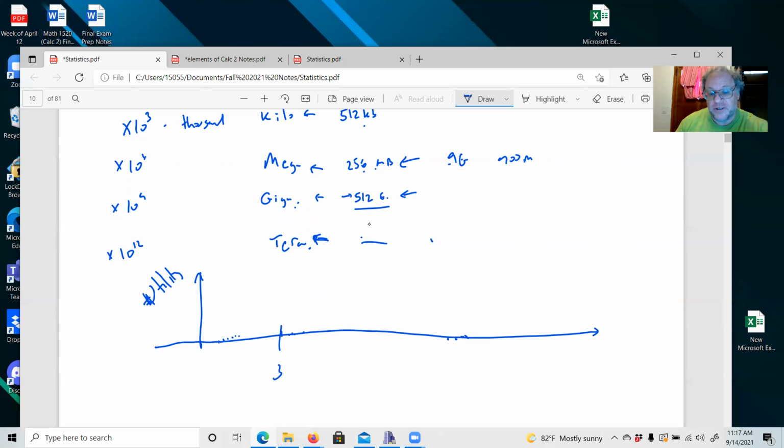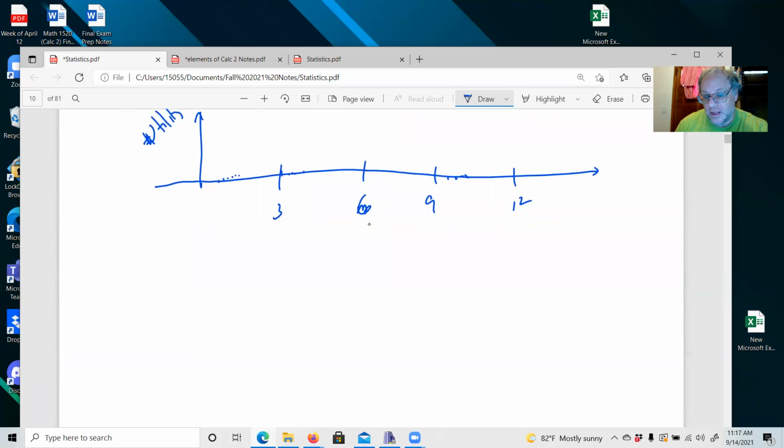So wouldn't it be easier to say, here's my thousands, here's my millions, here's my billions, here's my trillions? Because with log base 10, all you do is count the zeros. Log of 10, that's 1. Log of 100, what is it asking? 10 raised to what power is equal to 100?